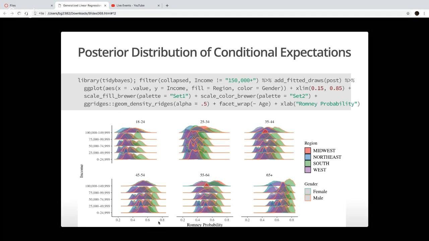So if you know the ggplot way of doing things, and you know the tidy format of data frames, you can make all kinds of plots. There's too much going on in this one, but you can make really nice plots.